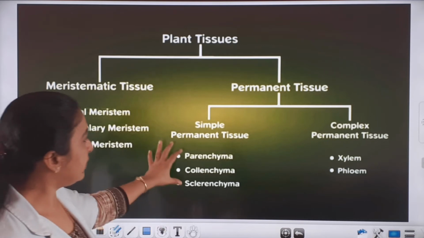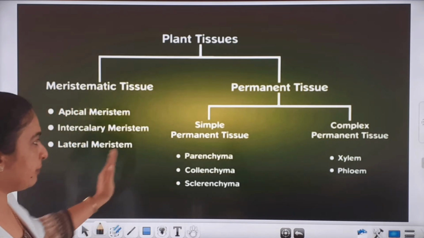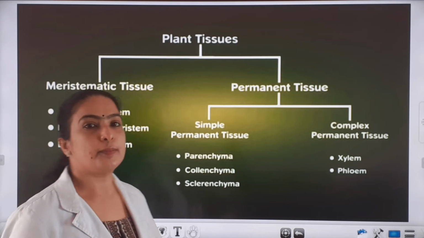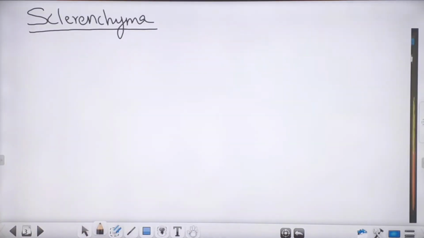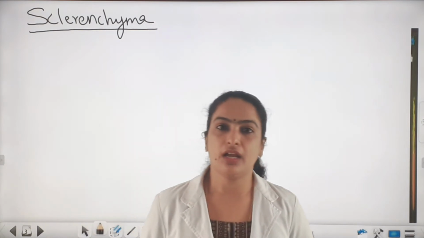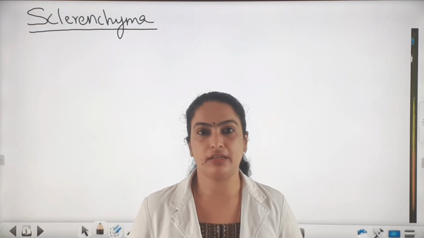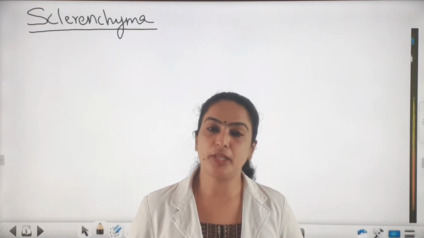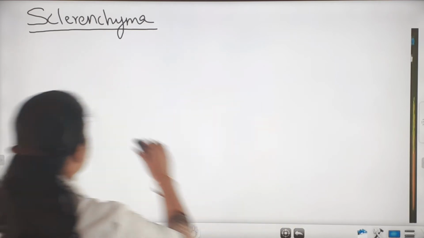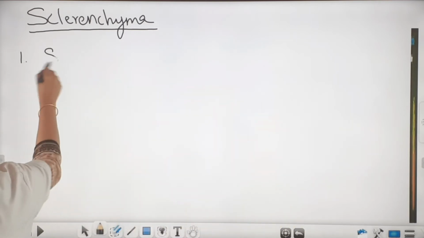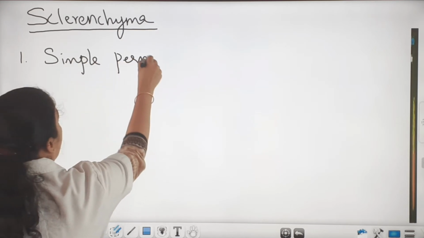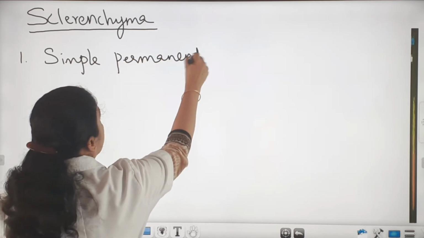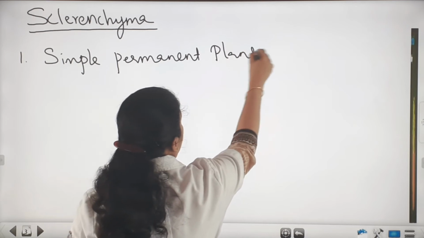You already learned parenchyma and collenchyma. These are simple permanent plant tissues. Okay, let's see the sclerenchyma in detail. Sclerenchyma is a simple permanent plant tissue.